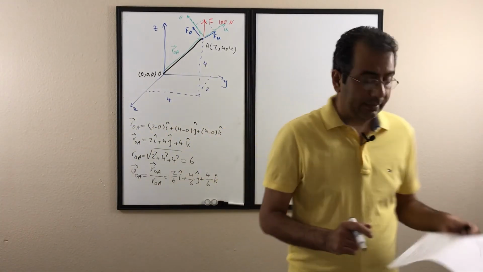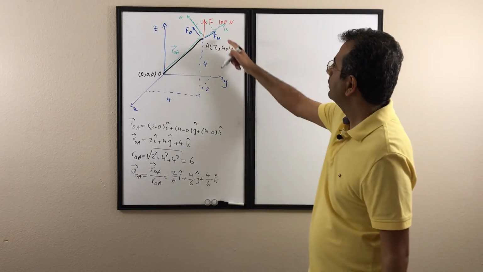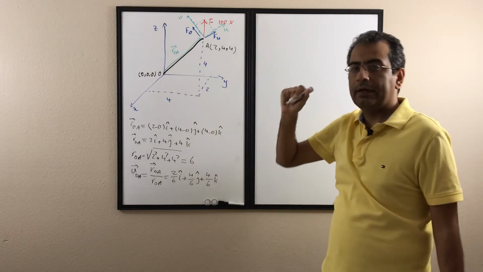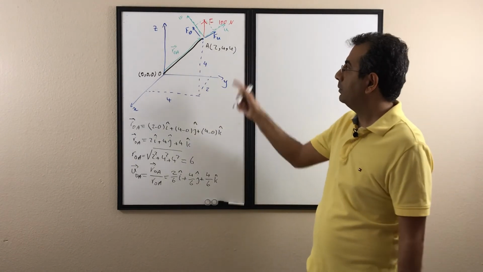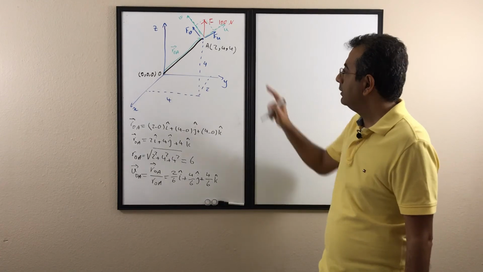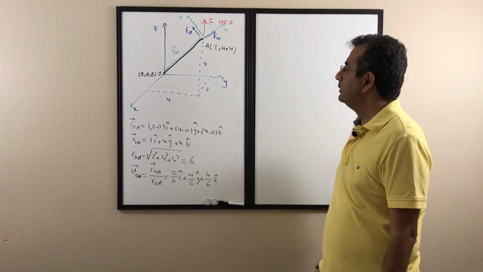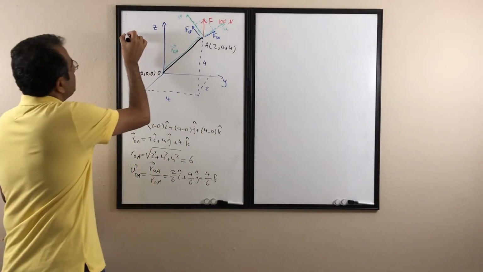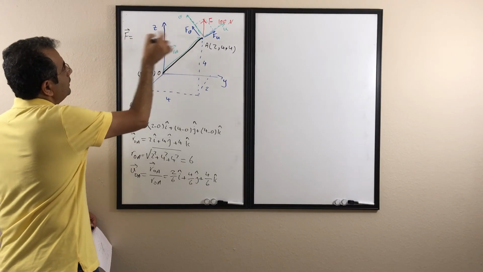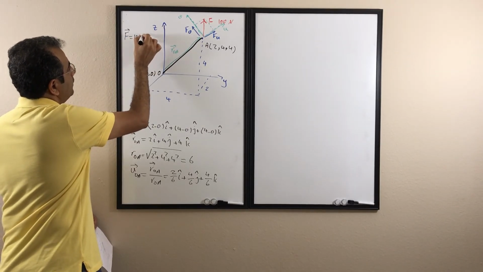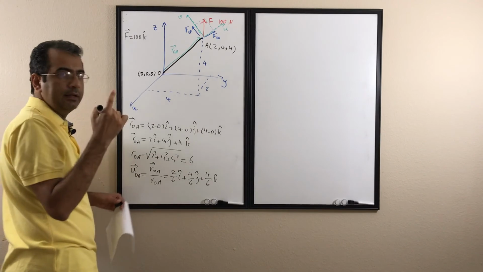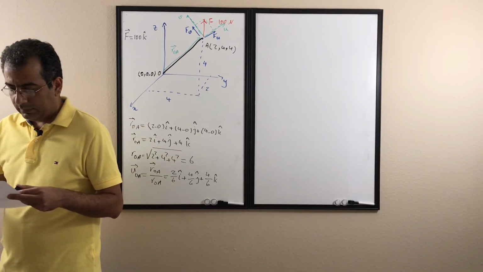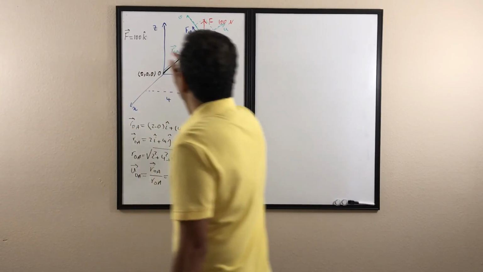If you look at the force F itself, it is going upward. It doesn't have an X component or a Y component; it only has a component on the Z axis. So F itself is 100K.